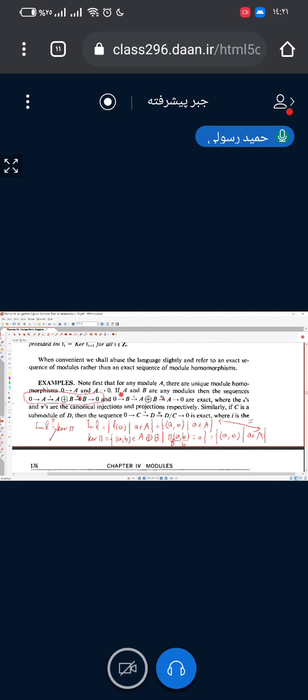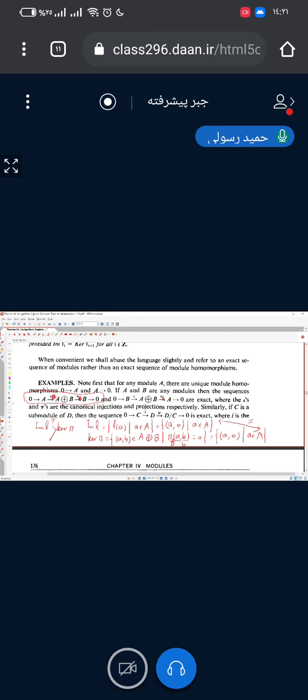Okay. So in this part, we have an exact sequence. Note here that for this to be exact, L must be one-to-one and P must be surjective.